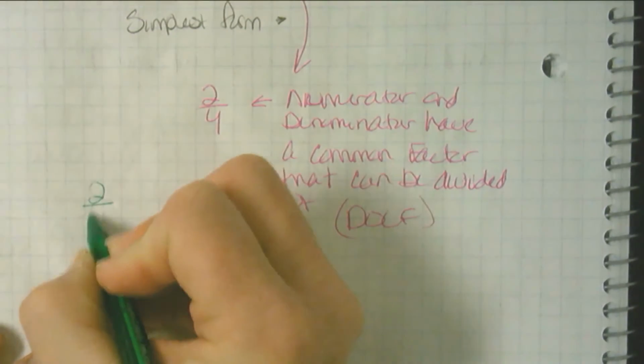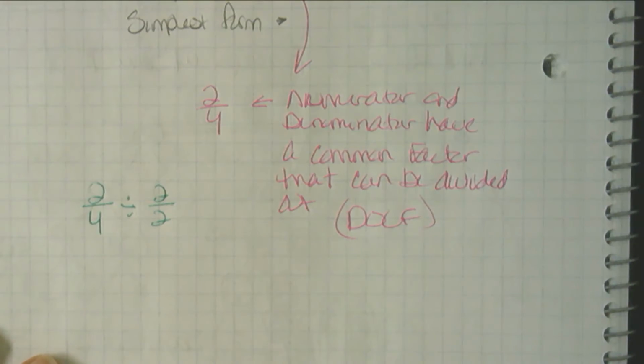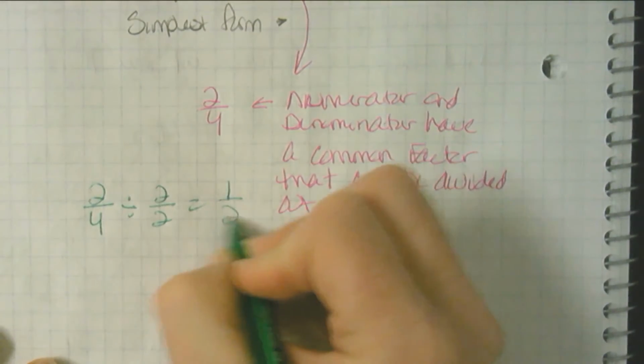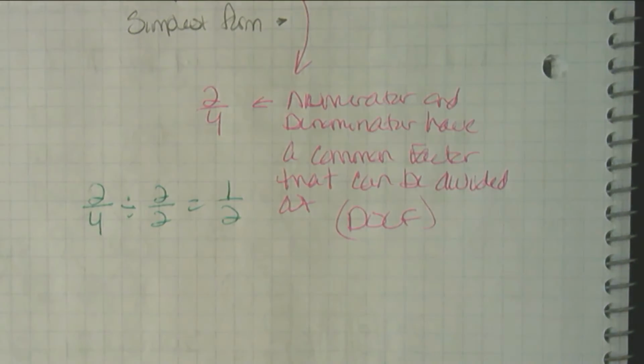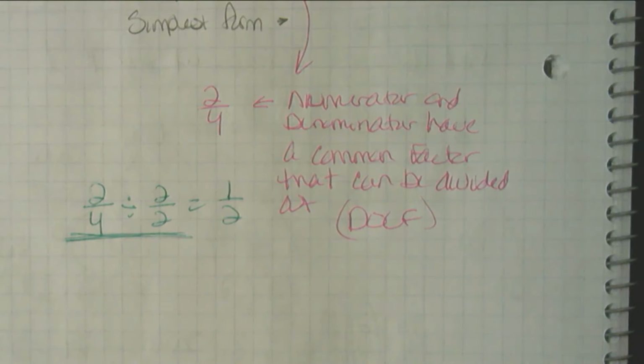But if we looked at 2/4, I can divide the numerator by 2 and the denominator by 2, and I can get my 1/2. So for this section, I do want you showing me what common factor you're dividing out. But when I use it moving forward, as you've seen, I don't make you do that normally. You know what I mean? But for this section, I want you showing me what common factor you're dividing out.